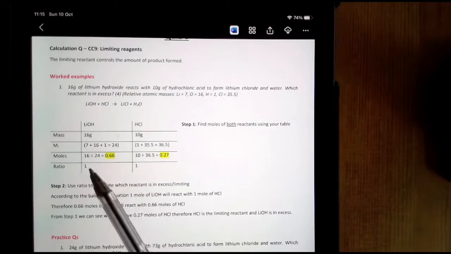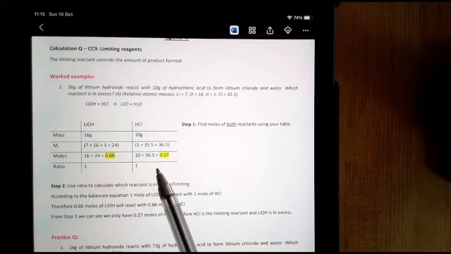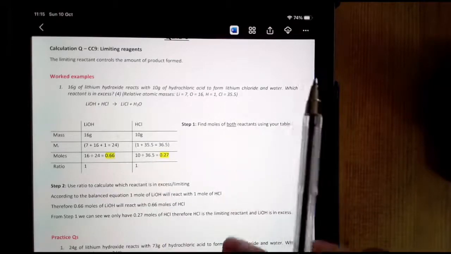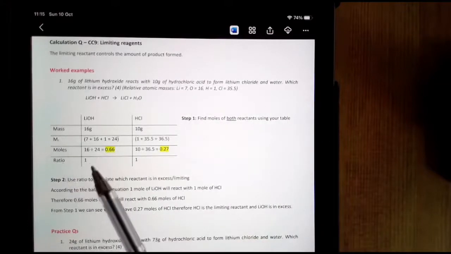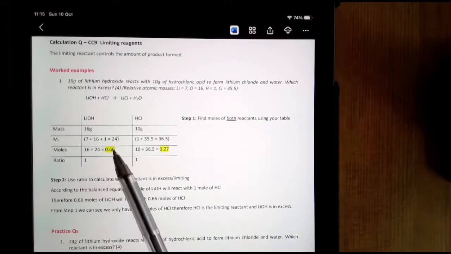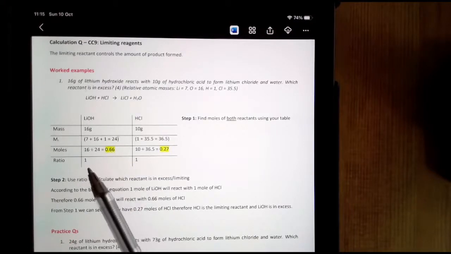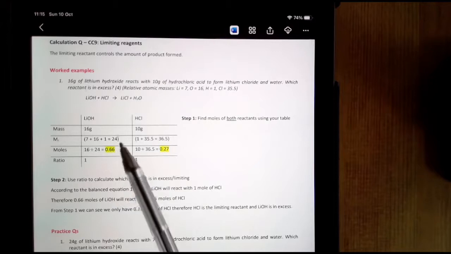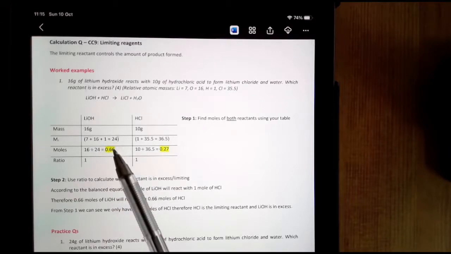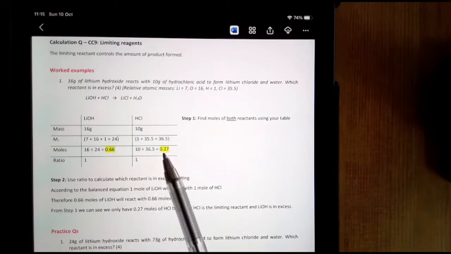If I had 5 moles of LiOH, I would need 5 moles of HCl. But we can see from our table that I don't have 1 mole and I don't have 5 moles, I've got 0.66 moles of LiOH. And because my ratio is 1:1, if I've got 0.66 moles of LiOH, I need 0.66 moles of HCl.